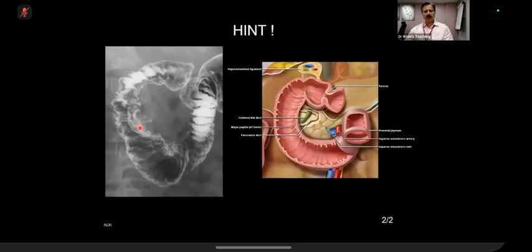Then these masses produce a bit of desmoplastic response, fibrosis. And you can see these spikes of barium projecting outward into the mass. Sometimes you might even see that the mucosa here might be fixed.